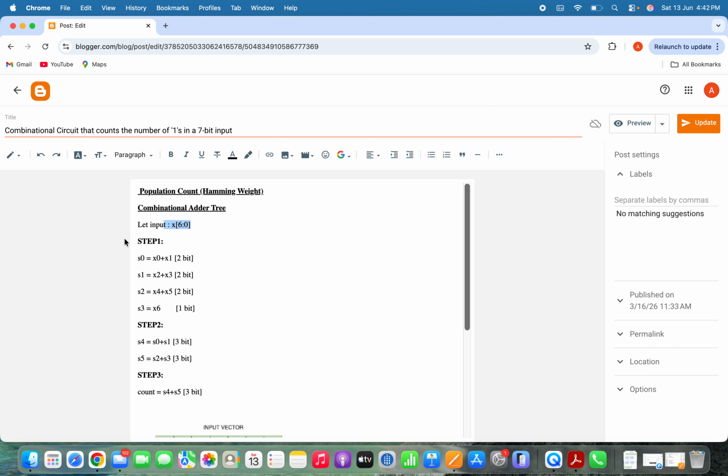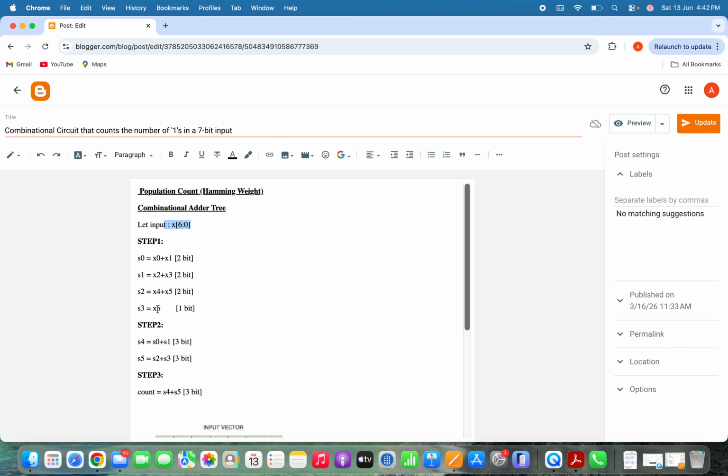Now in the first stage, the input bits are grouped into pairs and added together. We generate 4 intermediate sums: S0 is equal to x0 plus x1, S1 equals x2 plus x3, S2 is equal to x4 plus x5, and finally S3 is x6.